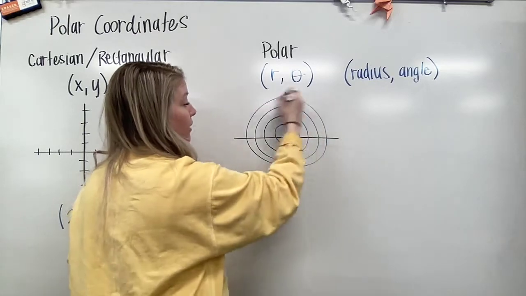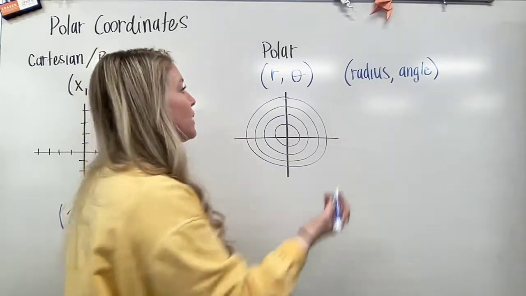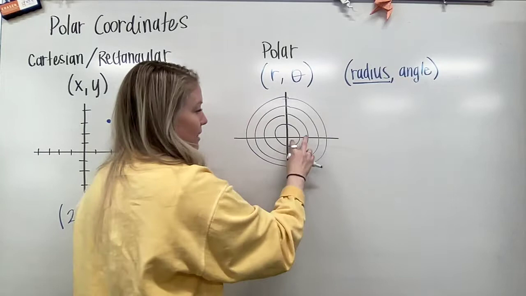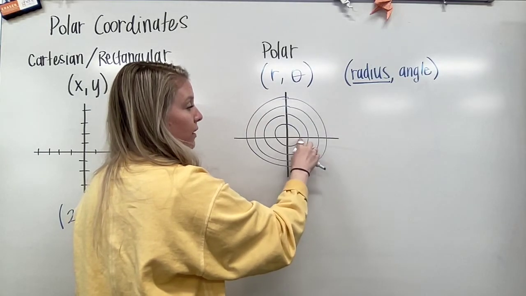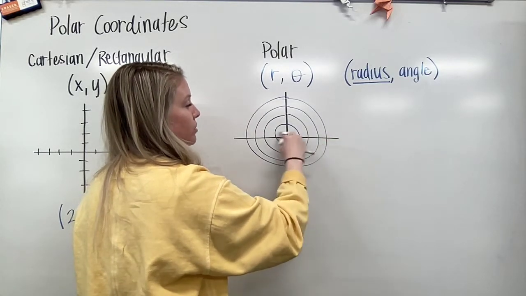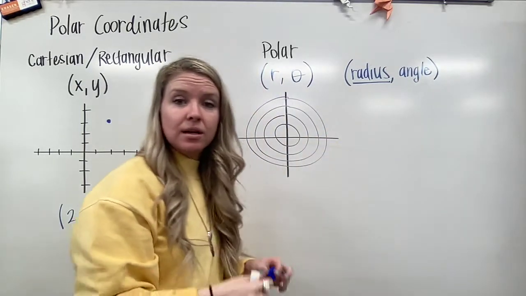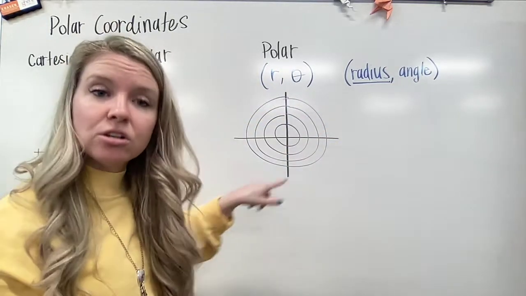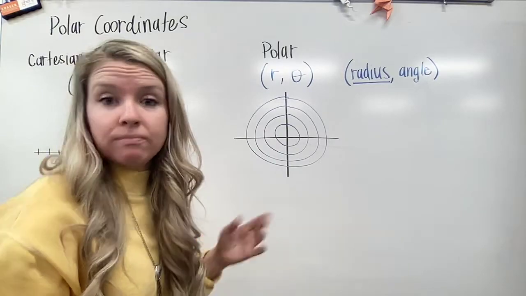Kind of looks like a target here, right? So when I'm saying a radius, this circle has a radius of 1. This has a radius of 2, 3, 4, and as I build out. And then I can rotate around that circle a certain angle.